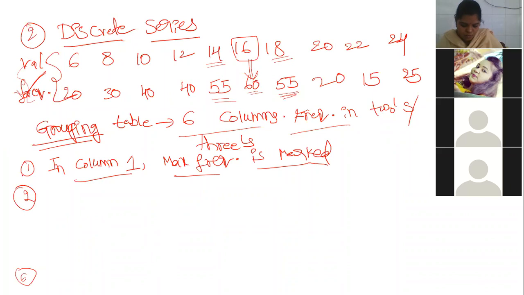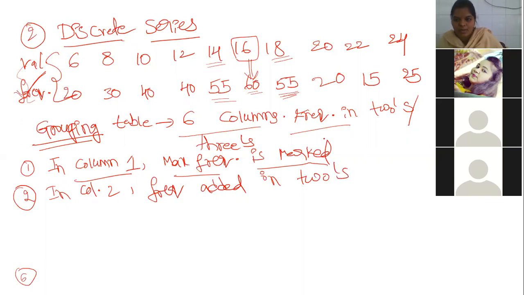Next, second point, what you need to do is in column number 2, frequencies are added in twos.